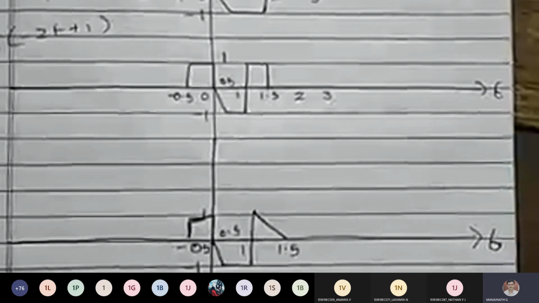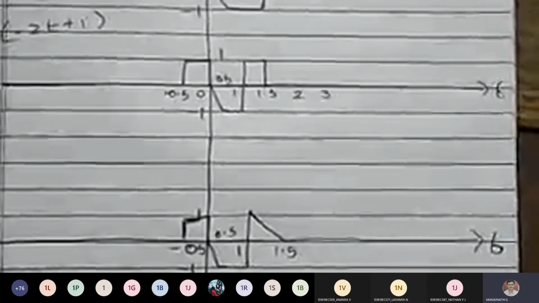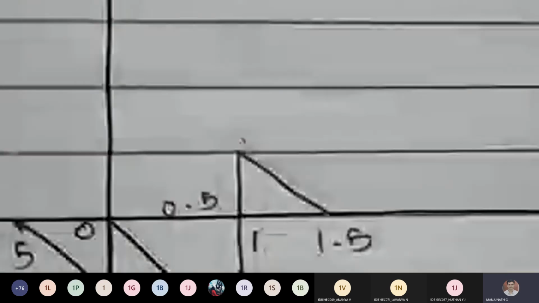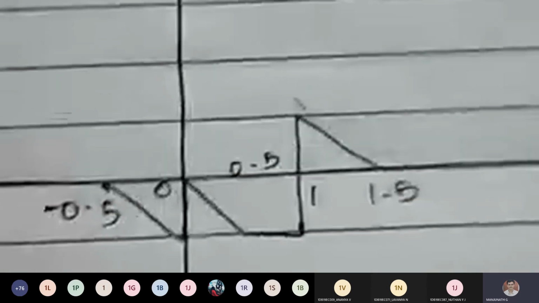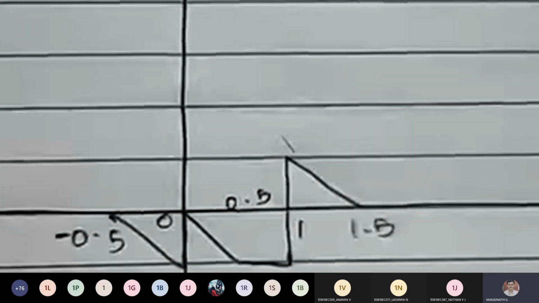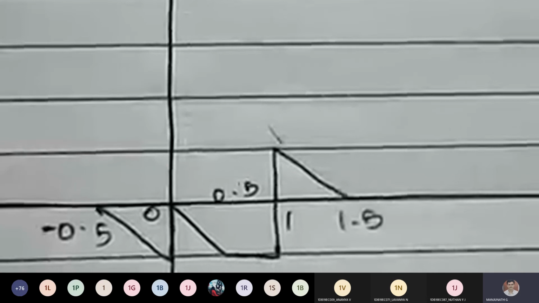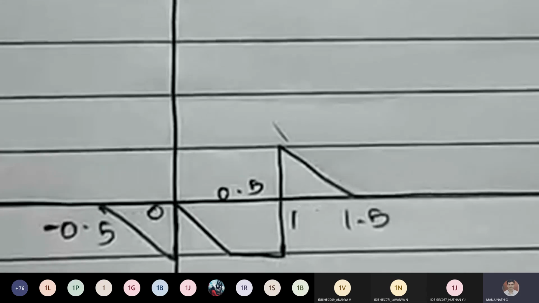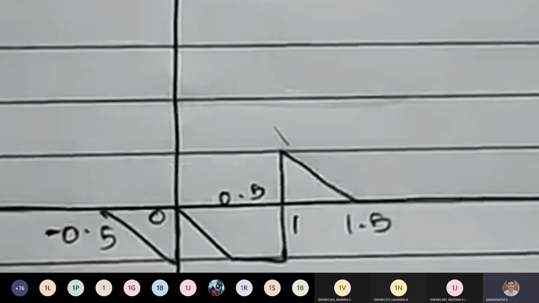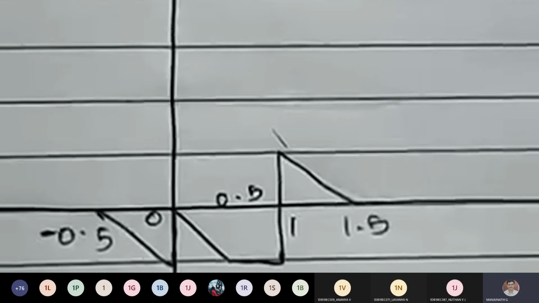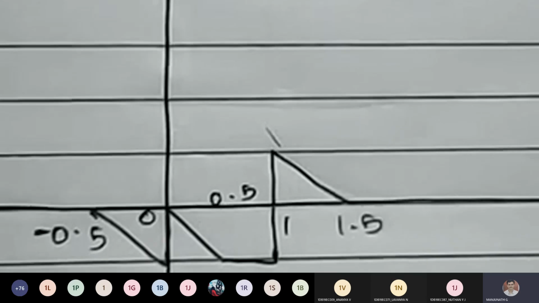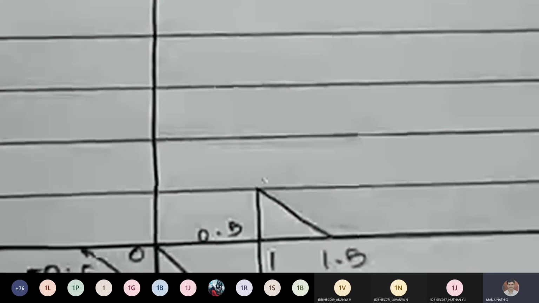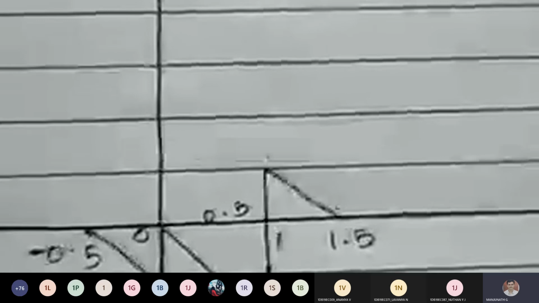Come back to this problem that I gave now. Same thing, you will get the negative of it. This part, the negative portion was not there that time, so now it is occurring. So towards the negative scaling of the x-axis you have minus 1, and here also an extra amplitude of 1 minus 0.5.